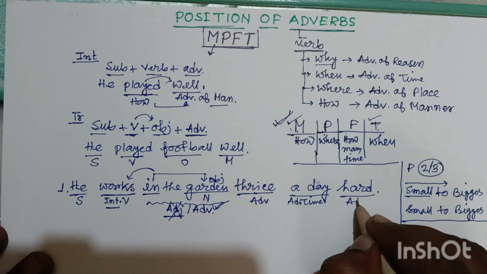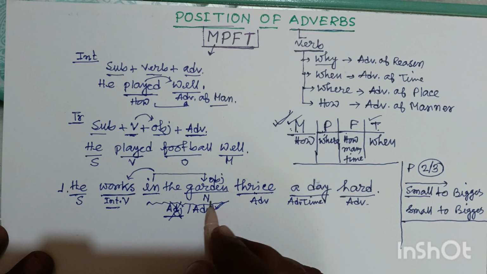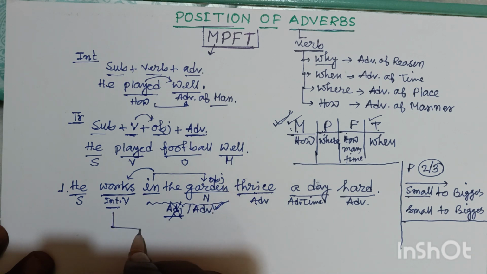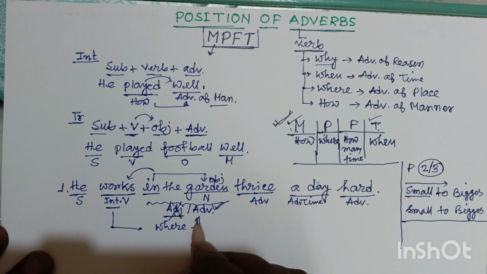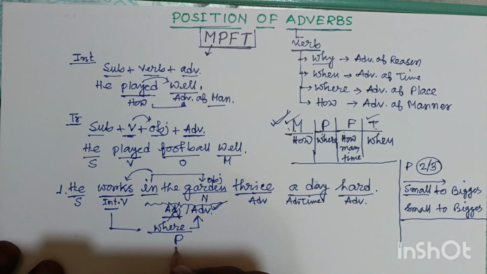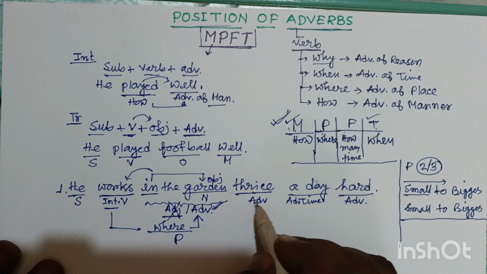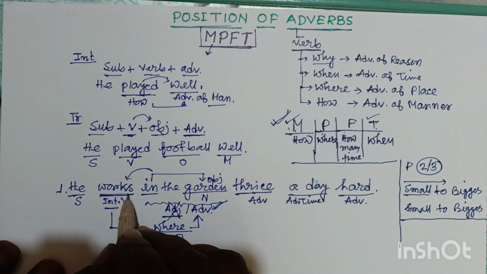That is also an adverb. Now my dear friends, here in this garden, if we ask the verb 'where', the answer will be in the garden. So obviously it's an adverb of place. I am denoting adverb of place by using the letter P. Thrice means how many times the action is done.